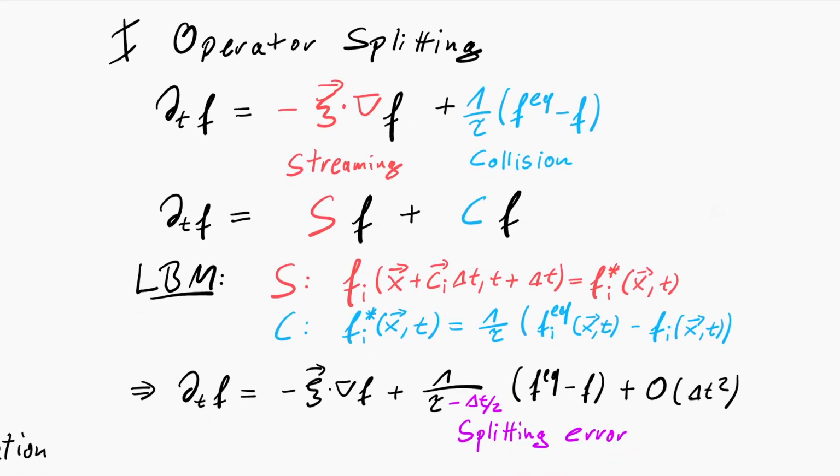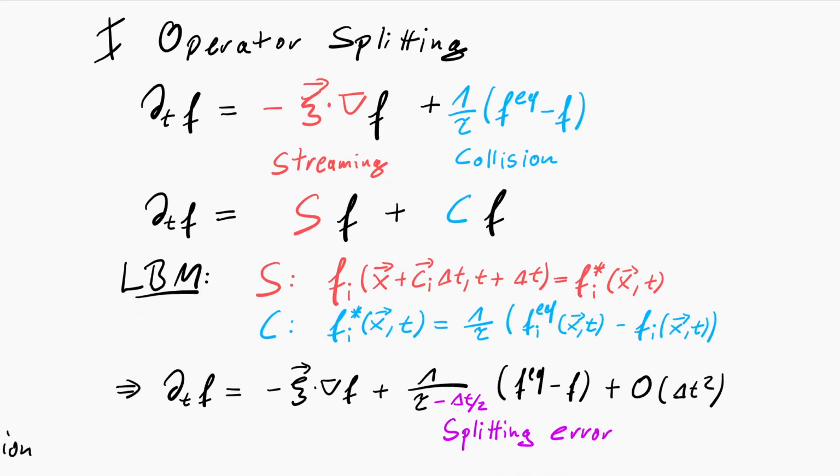We want to solve an approximation of the Boltzmann equation here, and this Boltzmann equation has two main operators, namely the streaming operator and the collision operator, and we want to apply them in the lattice Boltzmann method separately.